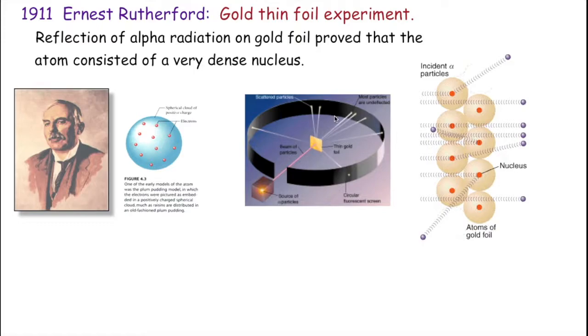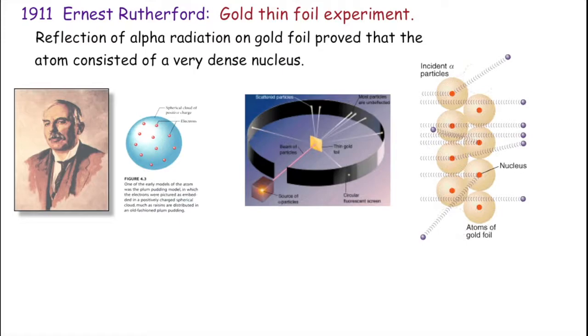So when Rutherford did this experiment, he noticed the pattern of the deflection of the radiation as it hit the gold foil, but he also discovered that some of the radiation bounced directly back, and so he had to change his mentor's model of the atom.